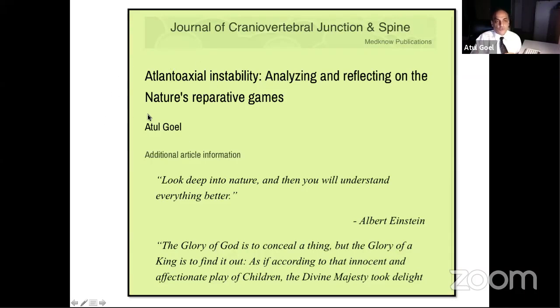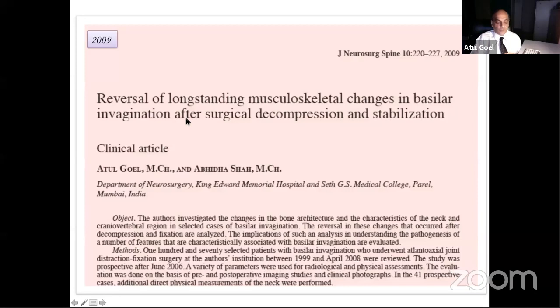As I had shown you in this article, in atlantoaxial dislocation there are various musculoskeletal abnormalities which are reversed on stabilization. There, torticollis, short neck, short head, short spine, I had introduced to you the other day. This can be reversed immediately after you do atlantoaxial fusion, fixation.